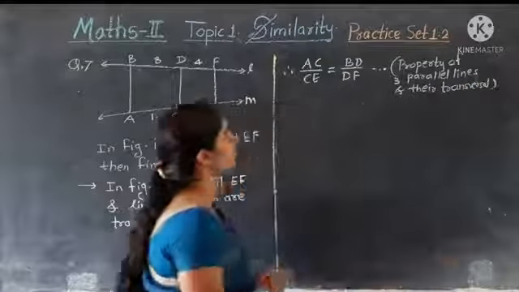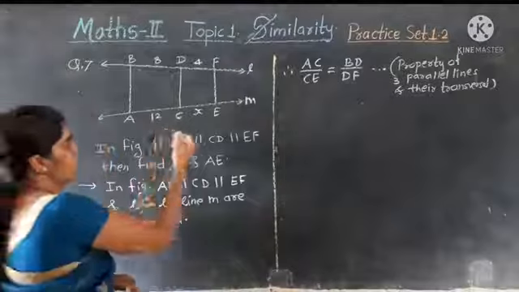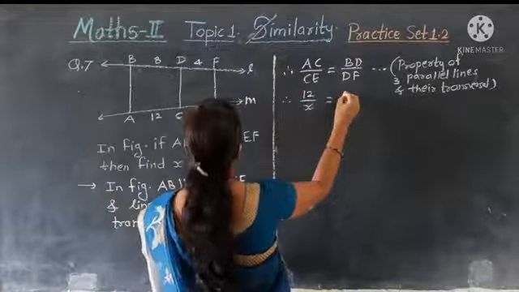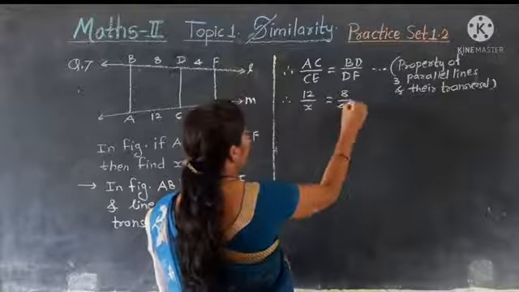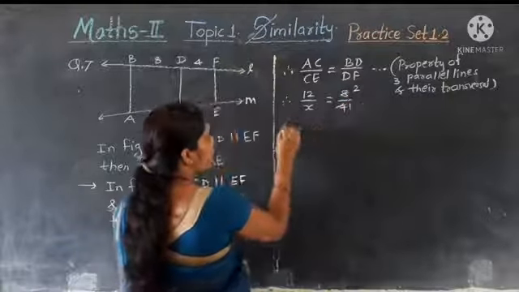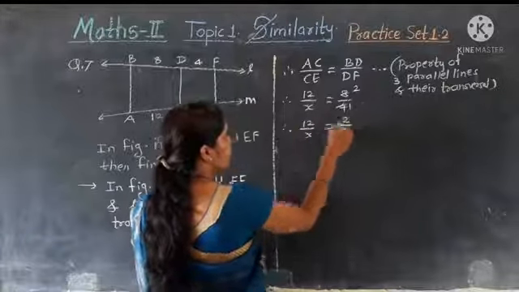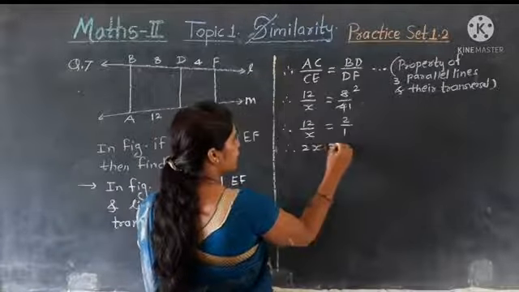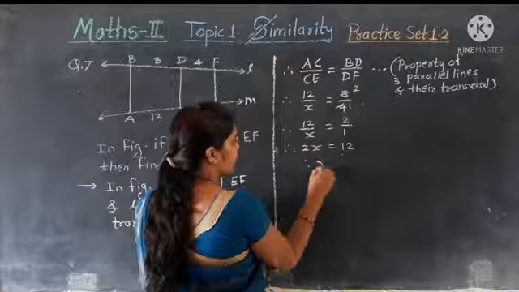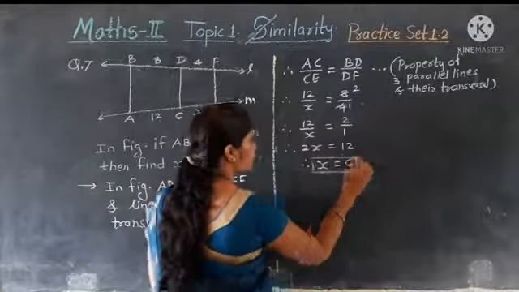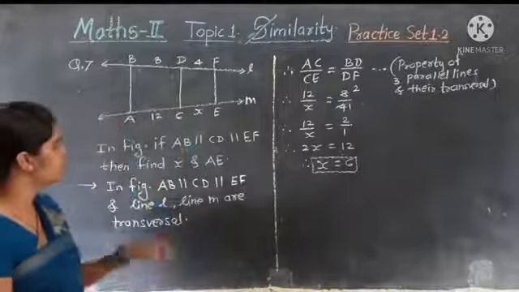Okay. Now put the values. AC is 12 upon X is equal to 8 upon 4. 4 1s are 4, 4 2s are 8. 12 upon X is equal to 2 upon 1. Cross multiply. 2x is equal to 12. Therefore, we get x is equal to 2 6s are 12. So the value of x is 6.